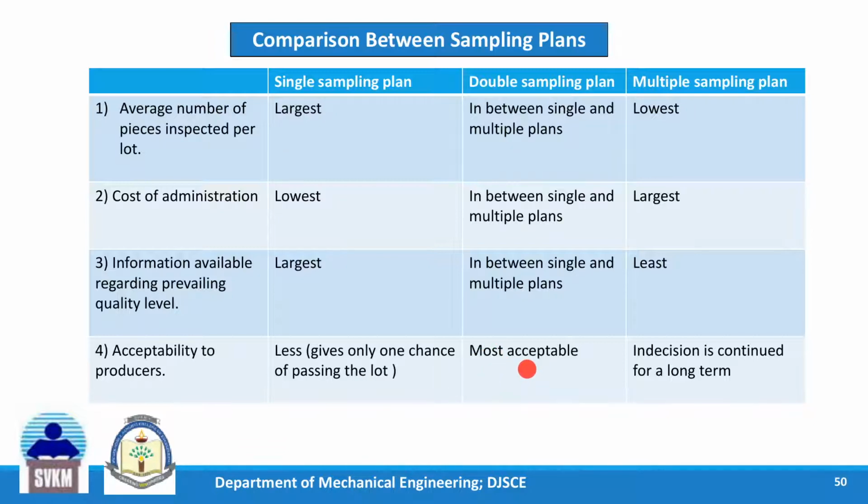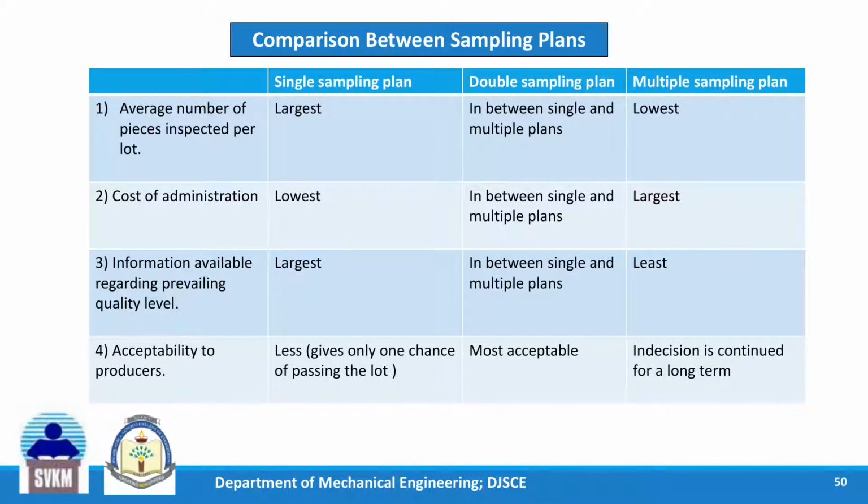The double sampling plan is the intermediate one, and most acceptable. In the multiple sampling plan, indecision is continued for a long term. Sometimes the inspection is pending because of these multiple stages of inspection.